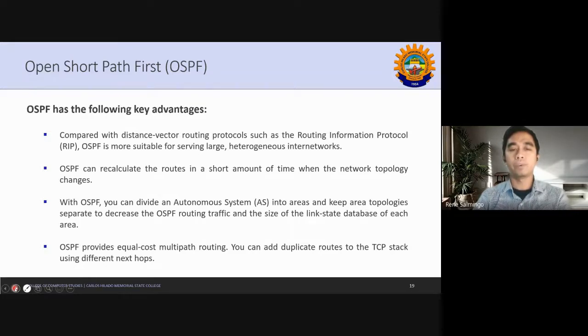With OSPF, you can divide an autonomous system into areas and keep area topologies separate to decrease the OSPF routing traffic and the size of the link state database of each area. Also, OSPF provides equal cost multipath routing. You can add routes to the TCP/IP stack using different next hops. So these are the key advantages of using OSPF.